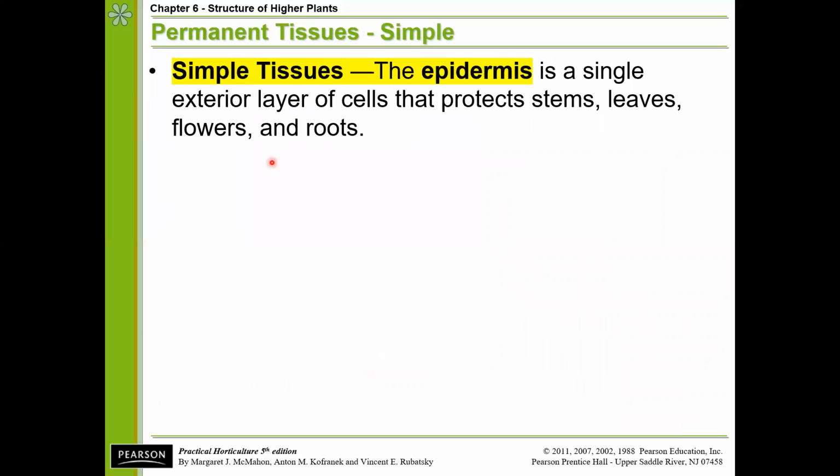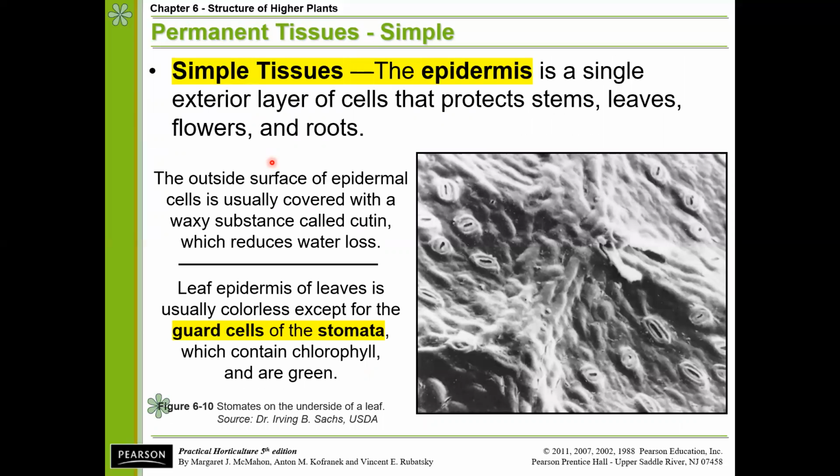So looking more at the simple tissues. The epidermis, just like in people, is the outside layer, the skin that protects what is beneath it. And in plants, this is mostly made of this waxy substance that we call cutin.